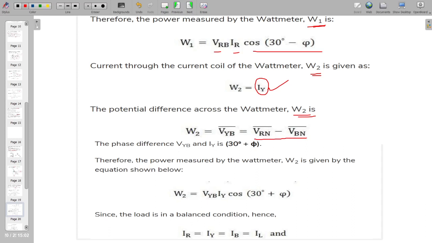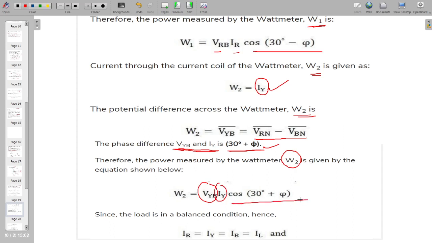We can clearly observe in the phasor diagram that the phase difference between VYB and IY is 30 plus phi degrees. Therefore the power measured by wattmeter 2, W2, is given by voltage, current and the angle between them.